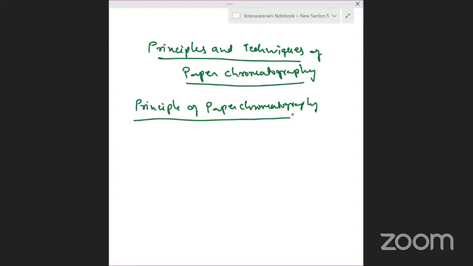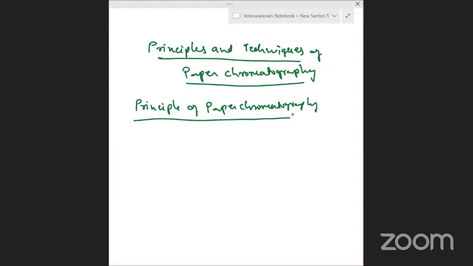In either case, the components of the mixture are separated by partition between the liquid held immobile in the stationary phase and the mobile liquid phase. The mobile phase moves on the paper by capillary action, and there is a separation due to the difference in the rate of migration of the components.